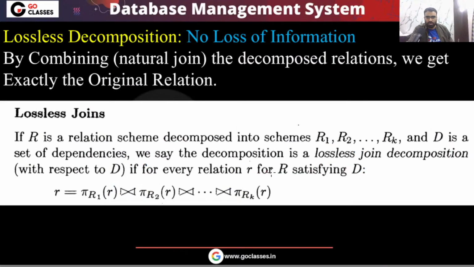So this is the definition of lossless. You can easily see that we are decomposing this relation R into sub-relations R1 to Rk. Then when can I say this decomposition is lossless? This decomposition will be lossless if for every instance, whatever instance of R you take, when you do the natural join of the decomposed relations, we get the original relation.